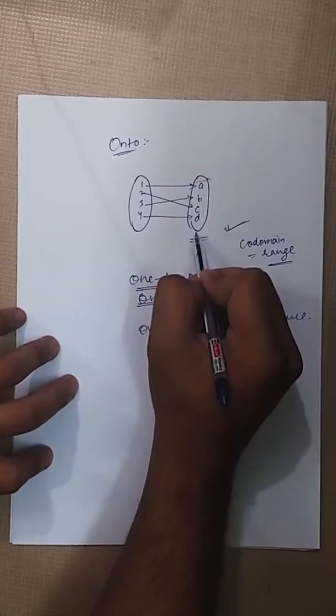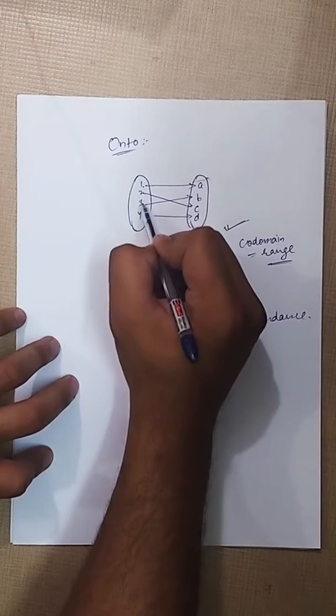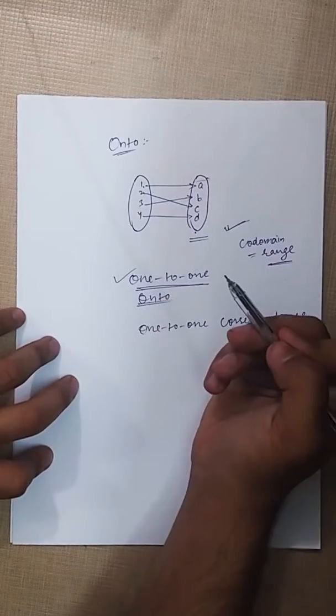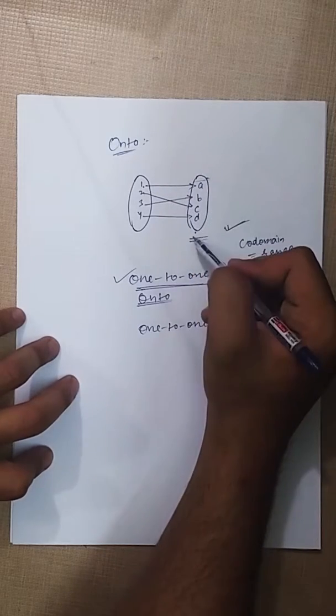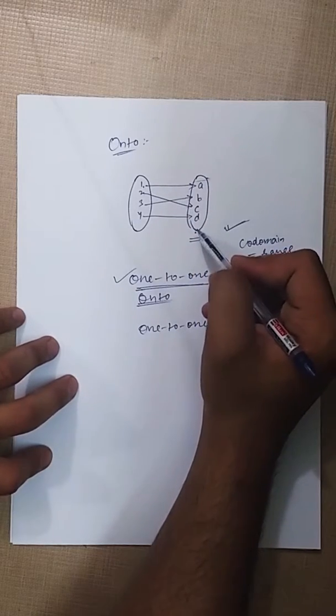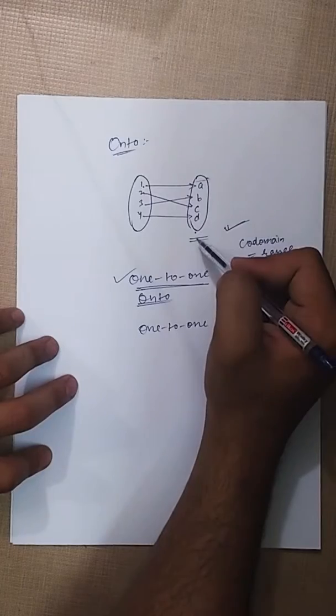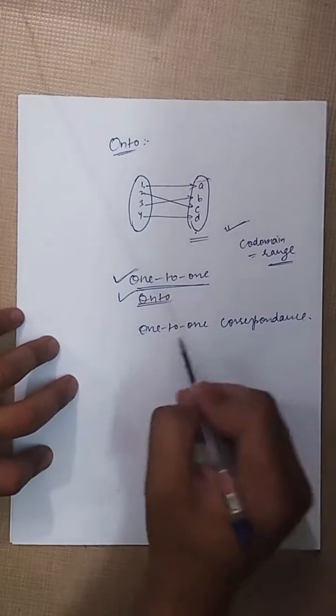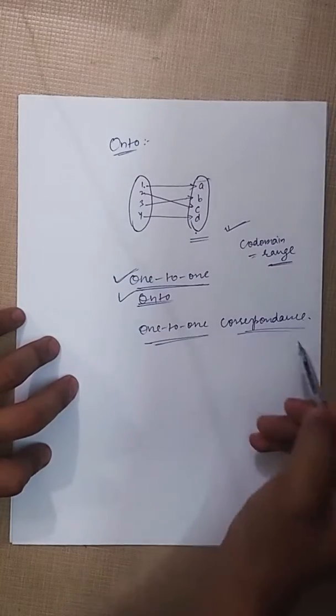This function is a one-to-one correspondence because every element is mapped to unique elements. This makes it one-to-one, and every element from the codomain side is covered. There is no vacant element on the codomain side, so it makes it onto. If it's both, then it's a one-to-one correspondence.